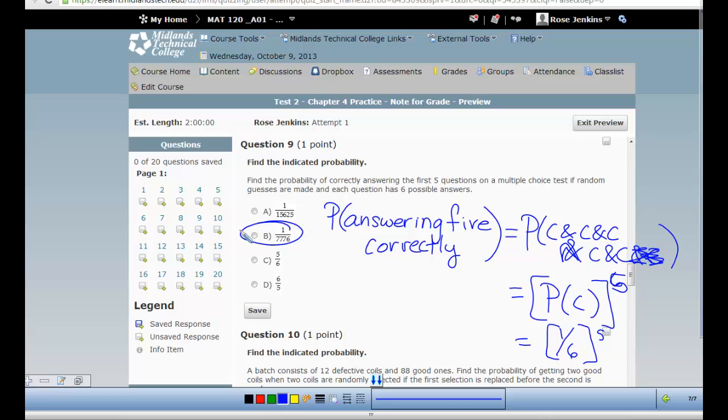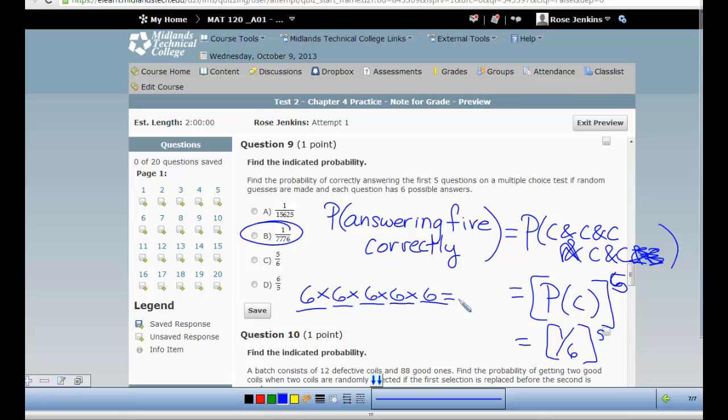Counting rule, if I wanted to, I could have done the same thing. I would have asked myself, how many different ways can a person answer the questions on this test? There are 5 questions that we're looking at, 6 choices each. So the fundamental counting rule would tell us to multiply 6 times 6 times 6 times 6 times 6.